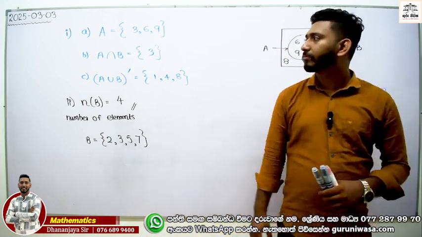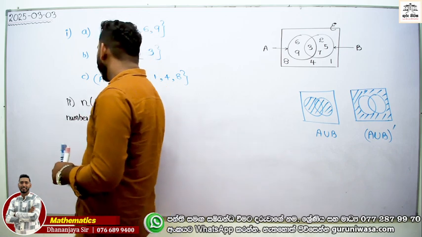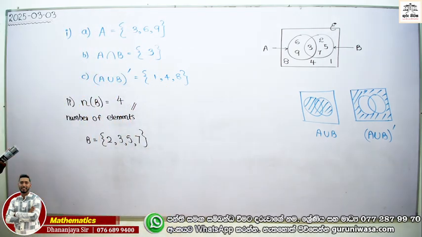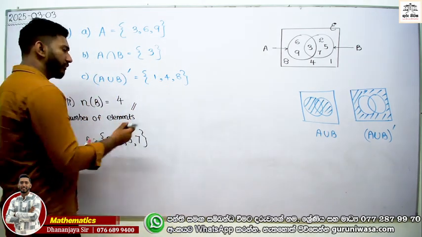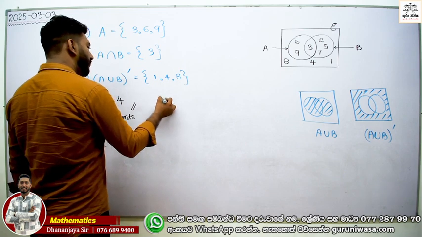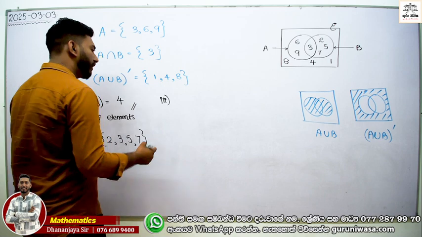That's the NB. Right. How many subsets of set B? Now we have a formula to find it.